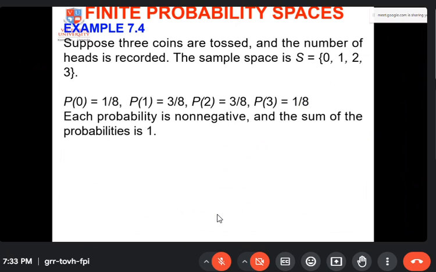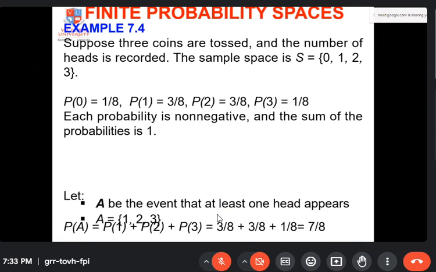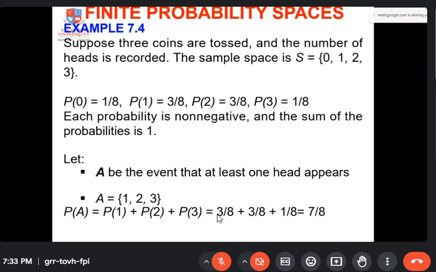And then when you add up all those probabilities, 1 over 8 plus 3 over 8 plus 3 over 8, then plus 1 over 8, you get a total of 1. So that is what we talk about. Okay?